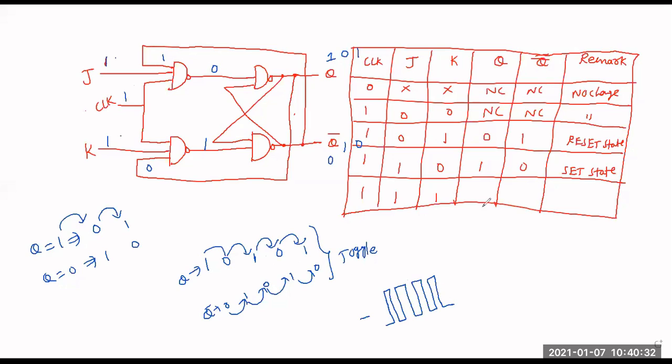Yes sir. What is the meaning of this one is Q will become Q prime and Q prime will become Q. This is called toggle. All of you got it right?